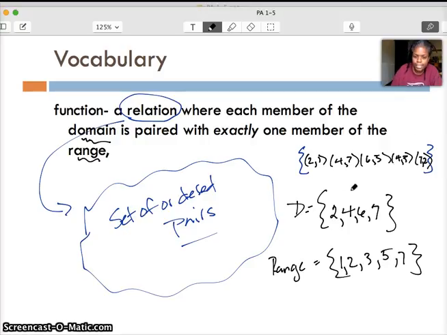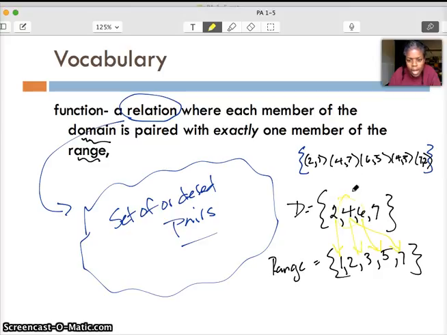As I look at this, this helps me look at the information in a different way, so I can now see what's true. Each member of the domain is only mapped or matched with one member of the range. So here you see 2 is going to 1, 4 is going to 7, 6 goes to 5, and 4 goes to 3.